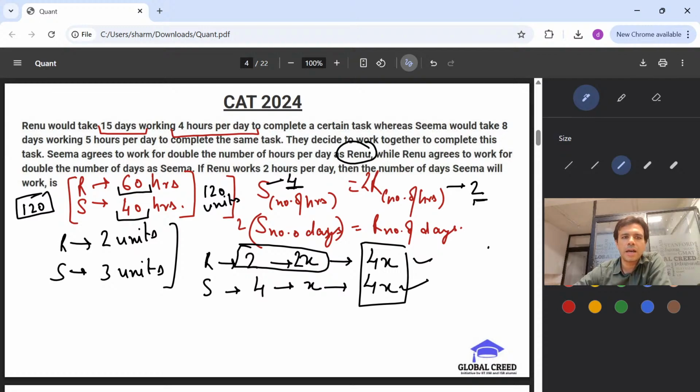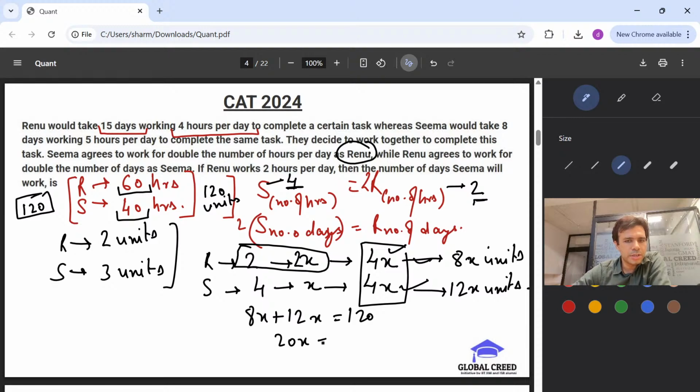So these many hours हुआ तो उसके 8x units work वो complete कर ली. 4x is a number of hours और 3 units per hour कर रही है तो 12x units work complete होगा by Seema. अब अगर मैं Renu और Seema का total work देखूं, तो 8x plus 12x gives me total work as 120 units which they will complete. So you could say 20x is equal to 120. So x comes out to be 6.